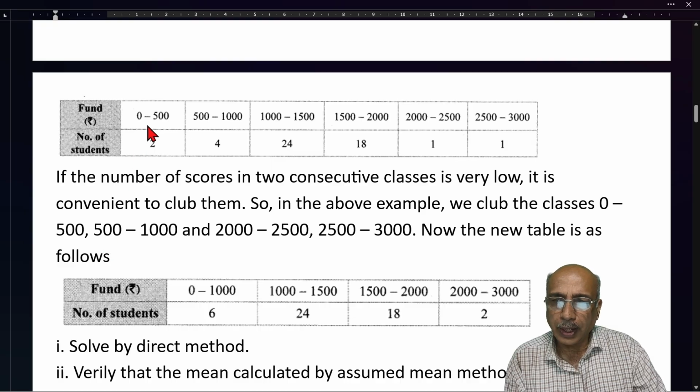We can take these classes also and solve the problem, but as the numbers are very small, like 1, 18, 2, 4, we can club them. This is to make the class mark bigger. That is 0 to 1000, 1000 to 1500, 1500 to 2000, 2000 to 3000. You can see the comparison.